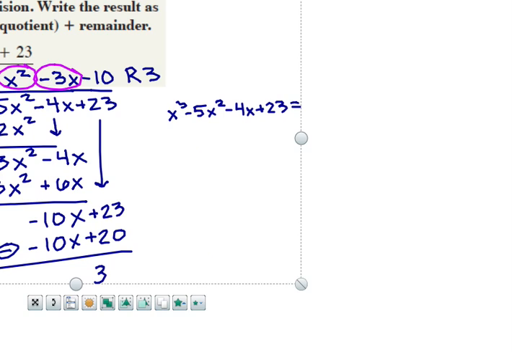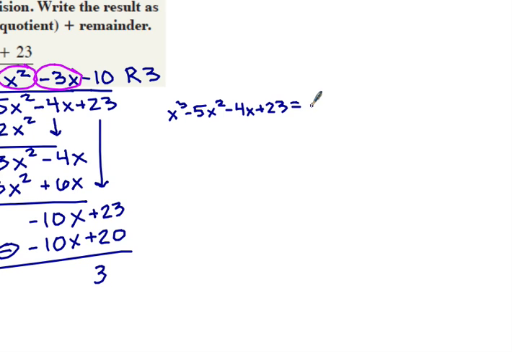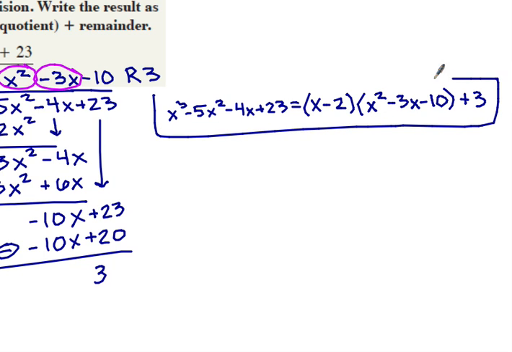Equals our divisor, which was the x minus 2, what we divided it by, times the quotient, which is what we're left with, which is this x squared minus 3x minus 10 plus the remainder of 3. So this becomes the answer in the format they want. Dividend equals divisor times quotient plus remainder.